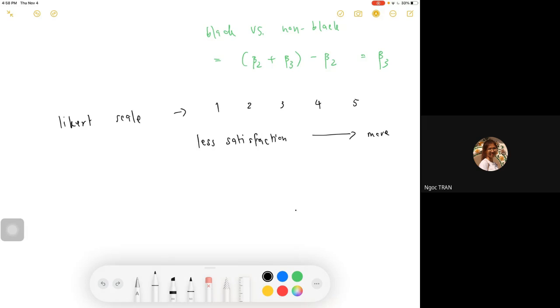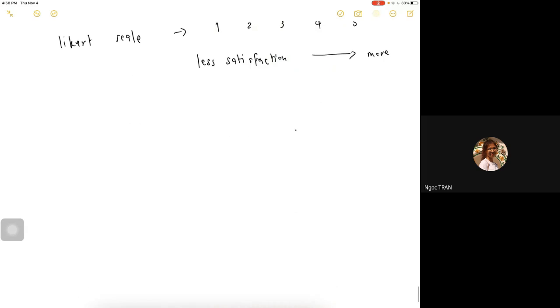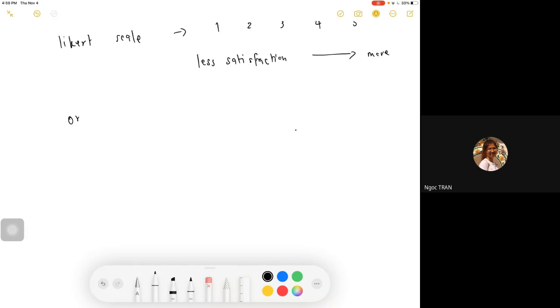I will explain that later. But one thing I would like to show you is that there are four categories of variable. The first is the nominal variable. The second one is ordinal. Interval, and the last one is ratio.